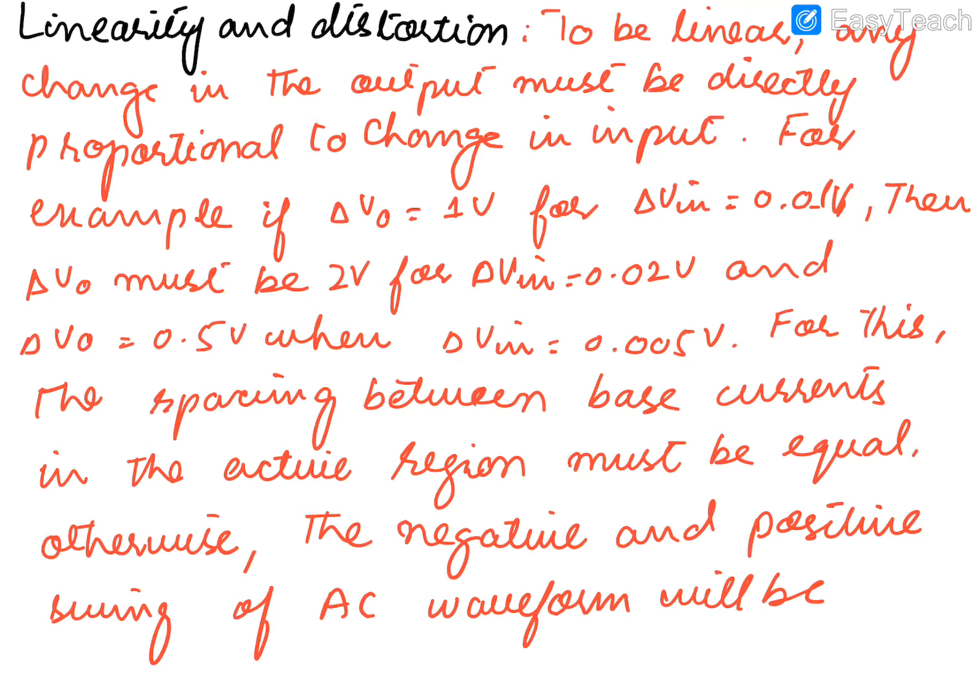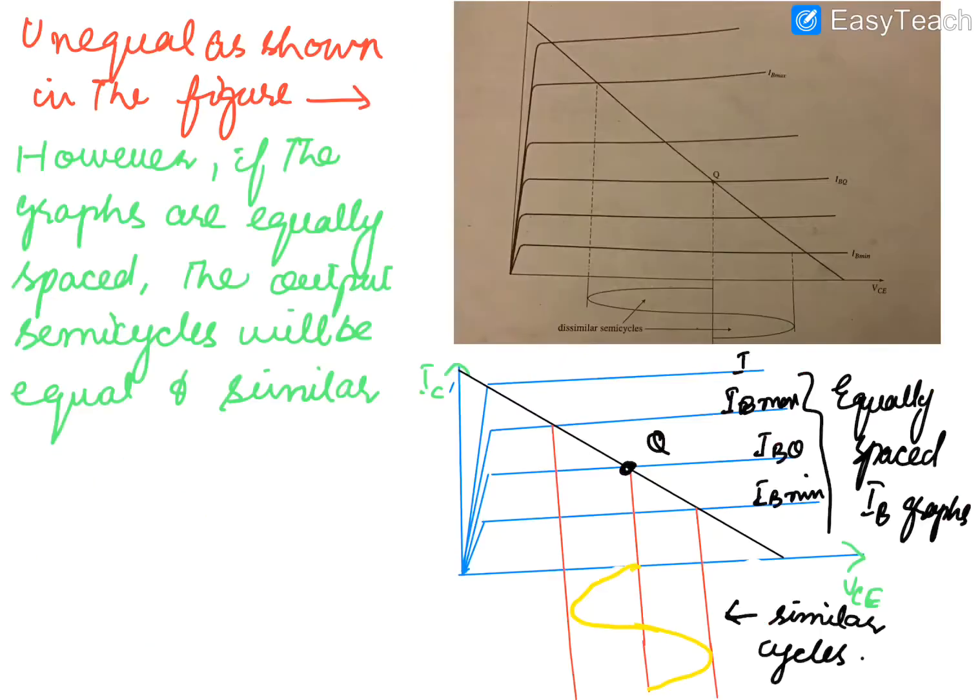For this linear relation, the spacing between base currents in the active region must be equal. Otherwise, the negative and positive sides of the AC waveform will not be equal. As you can see in this figure, IB is equally spaced for low amperes, and for higher values the spacing between different values of IB increases.